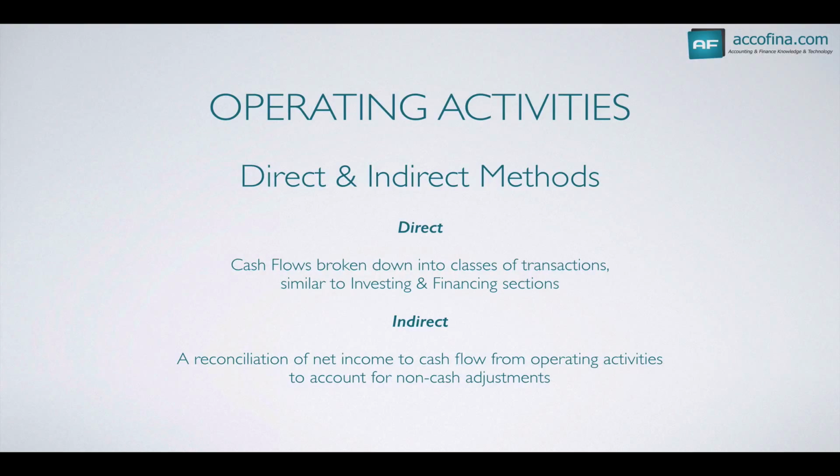If you sum all of those together, you will reach a final total cash flow from operating activities. So it's more of a reconciliation as opposed to having specific classes of transactions that are recorded.